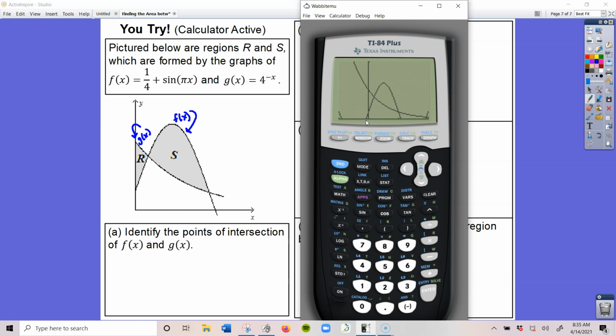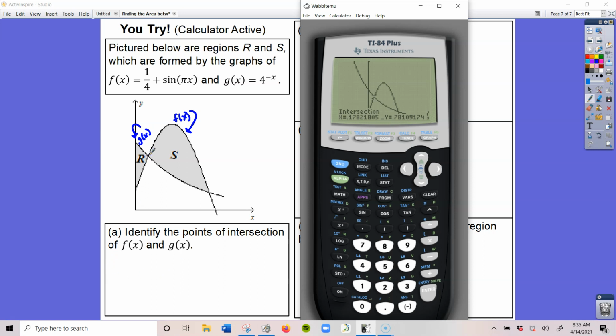So let's identify those points of intersection. That is this point here and this point here. So we're going to go to the second calc menu and we go to option 5. It's going to ask you to select the first curve, the second curve. I want this point. And I get this point of intersection, 0.1782 and 0.7810.